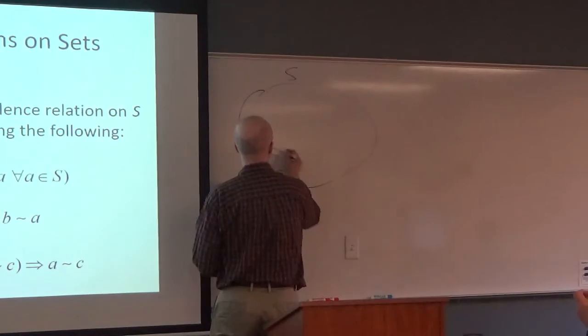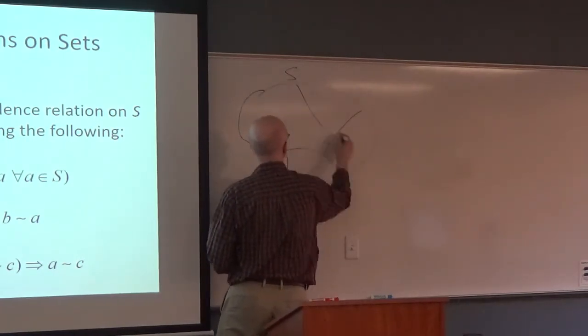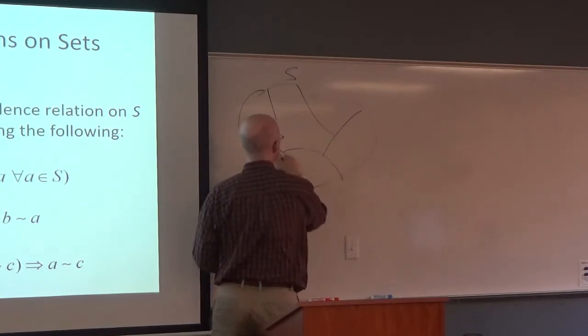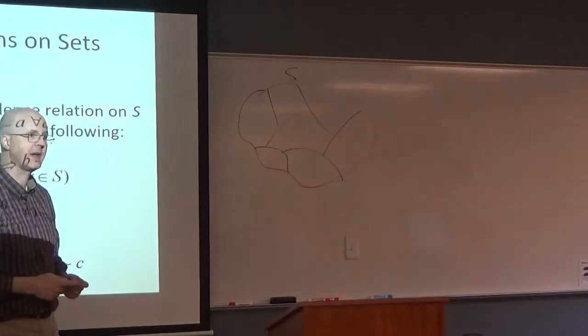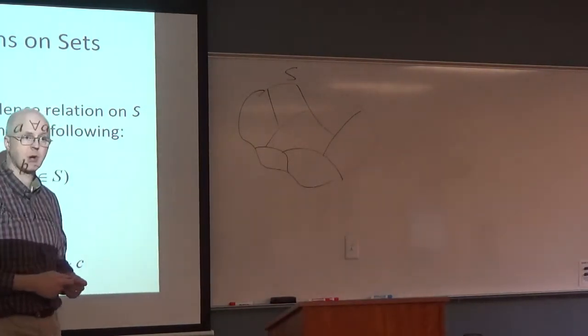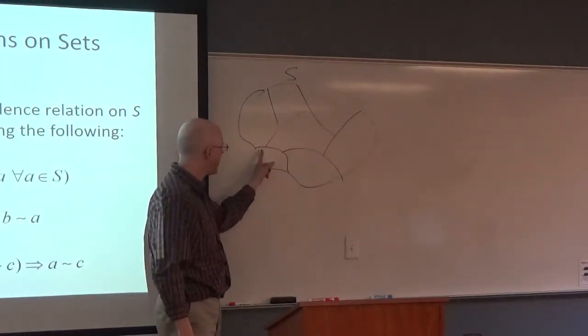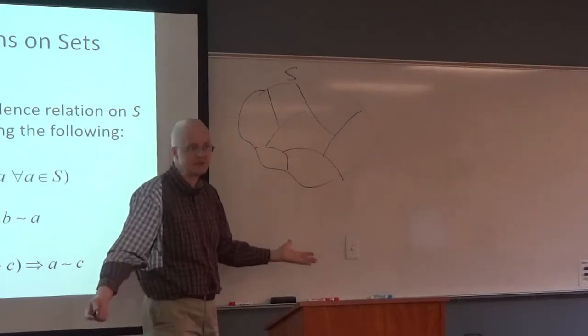So the partition could be into a finite number of pieces. Something like that: 1, 2, 3, 4, 5, 6, 7 sets in the partition. And by drawing it the way that I did, I'm trying to emphasize there's no overlap. You don't get too confused though. The boundary line, so to speak, in the picture is not meant to be part of either set.